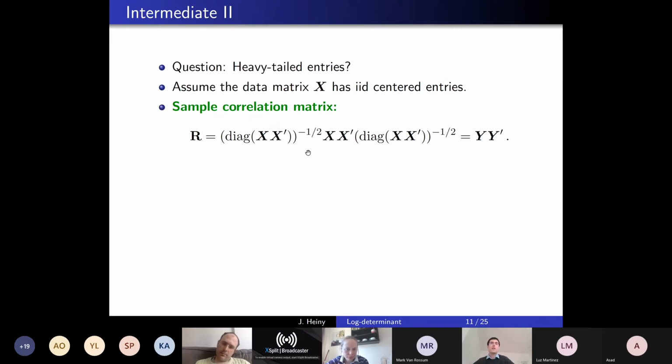And I assume that these entries are already centered because otherwise I would have to center by the sample mean, and the formulas get a bit more complicated. And for presentation, this is an easier form.